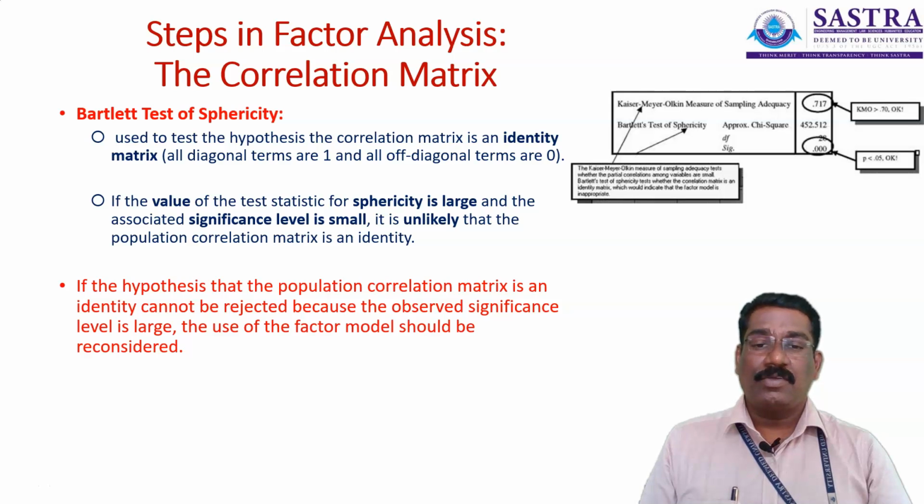Otherwise you cannot execute factor analysis. So you have to do a checkup on the data before you execute factor analysis. And the meaning of it: if the hypothesis that the population correlation matrix is an identity cannot be rejected because the observed significance level is large, the use of the factor model should be reconsidered. That's the meaning of it.